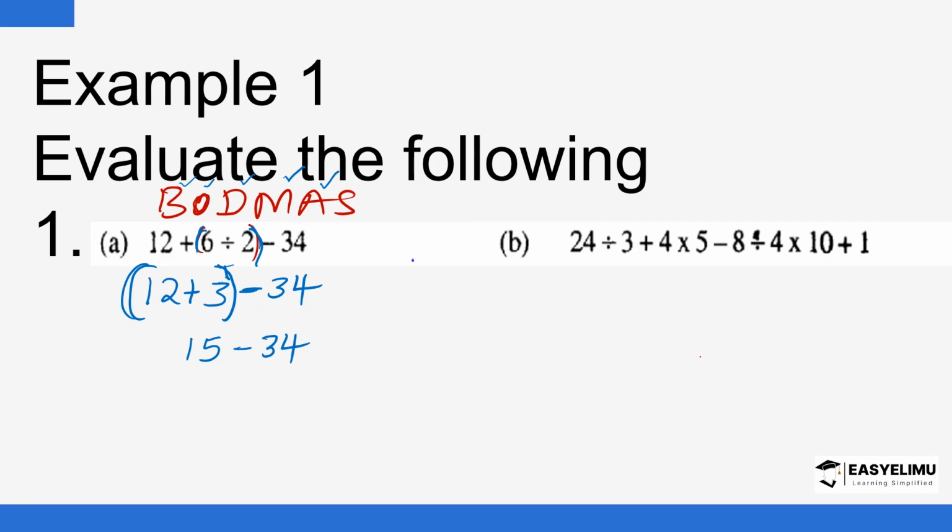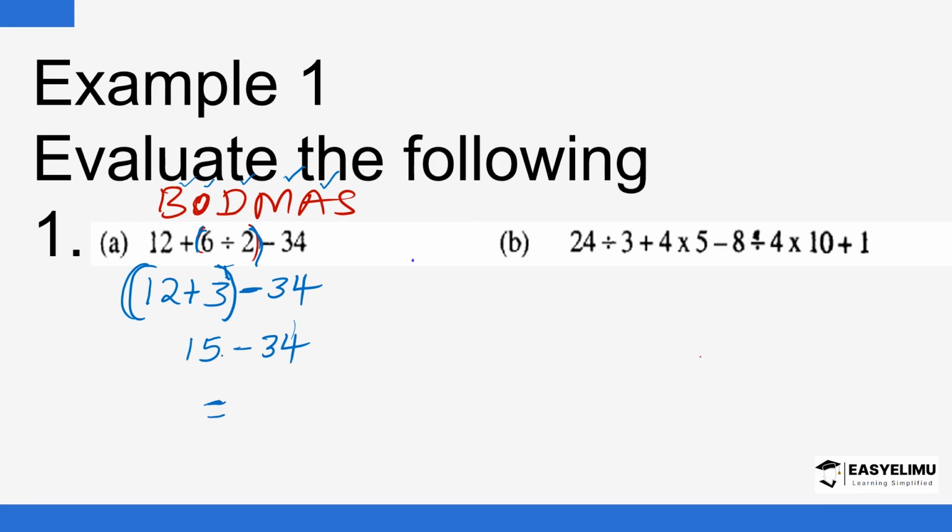Now, this one, you can use a number line to help you do this. But writing all these on a number line can sometimes be tedious. So every time you are subtracting a larger number from a smaller number, the answer is going to be negative.